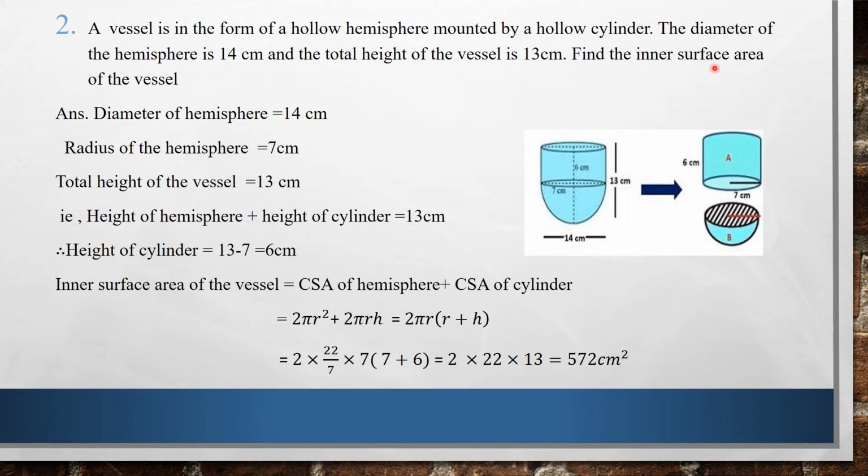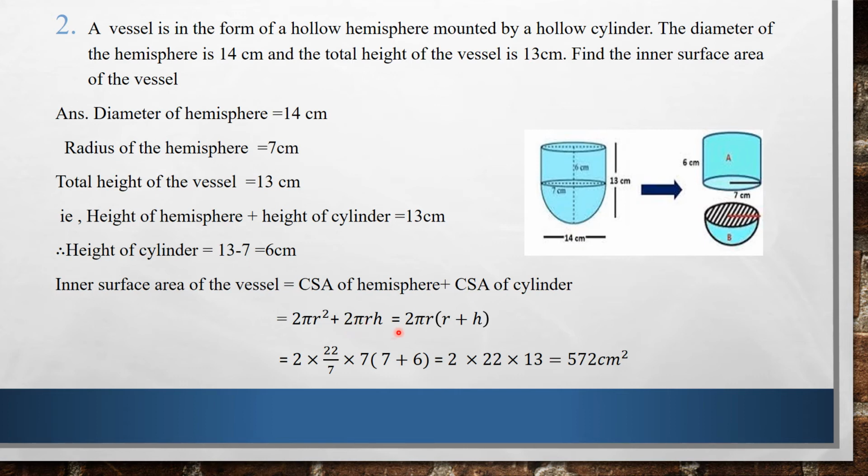Now let us find the inner CSA of the vessel. CSA of the vessel will be CSA of the hemisphere plus CSA of the cylinder. The formula will be 2 pi r square plus 2 pi r h. Here the radius of the cylinder and the hemisphere are same.